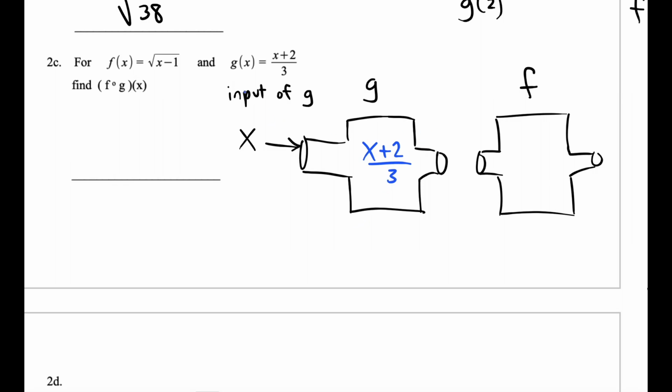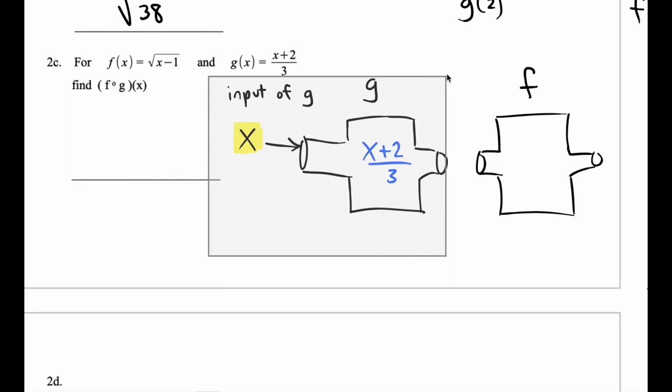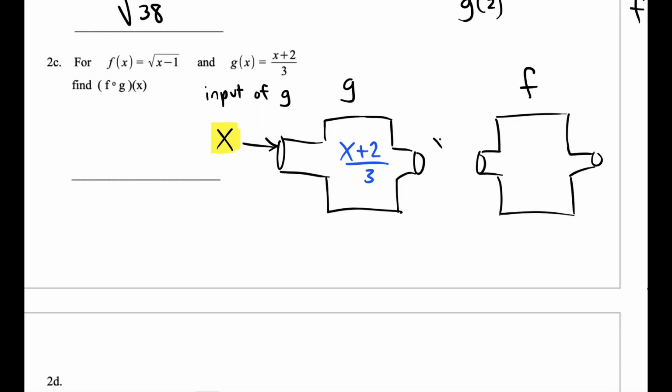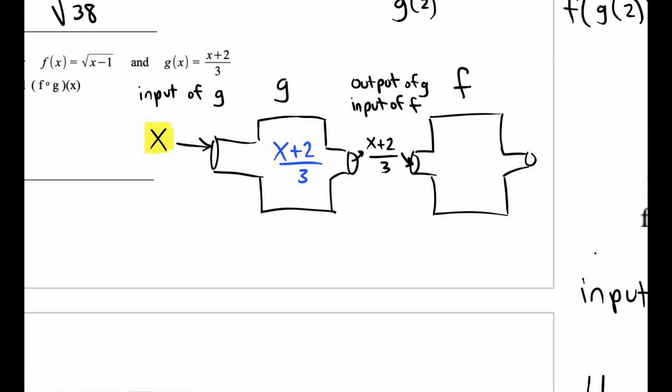So if you leave the input just as x, then that's gonna be what comes out. So let's just put that right here. That's what comes out. But the output of g has to become the input of f. And so it's a whole formula here that gets plugged into the machine.